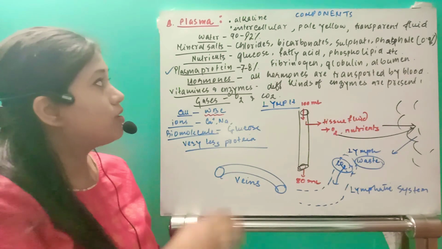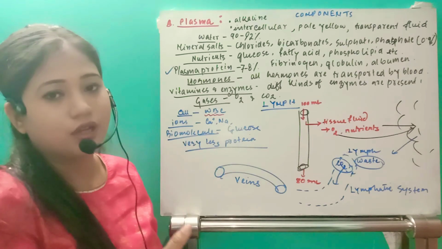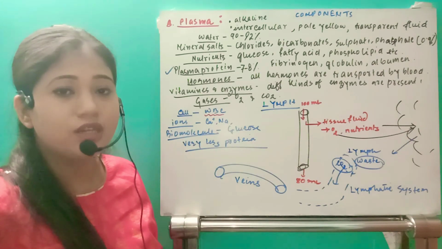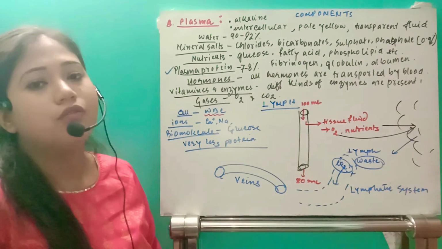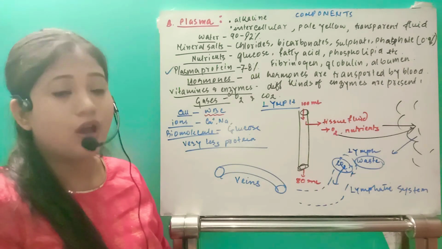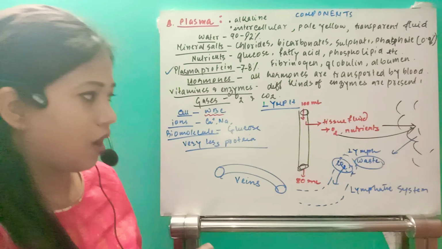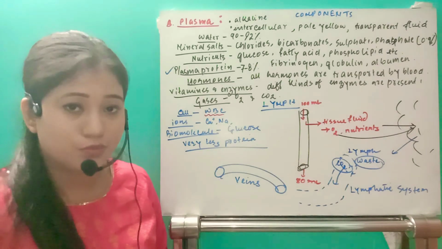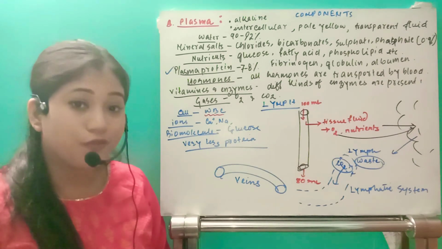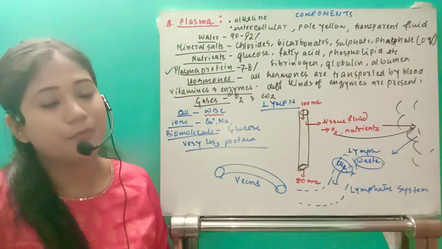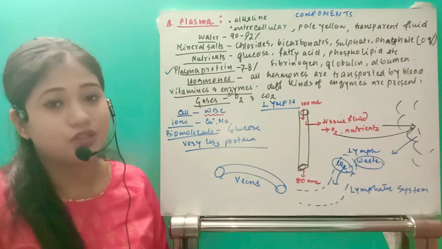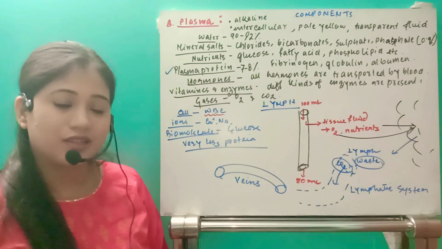So that's all about the plasma, the fluid component of blood, and the other type of fluid connective tissue apart from blood is lymph. We saw how this lymph is formed and how it comes back to the blood vascular system through the lymphatic system.